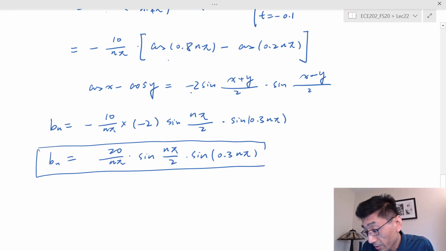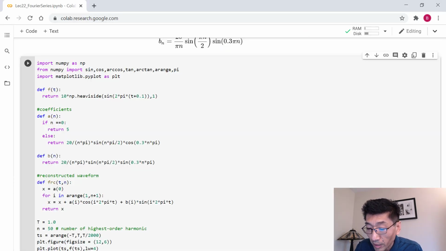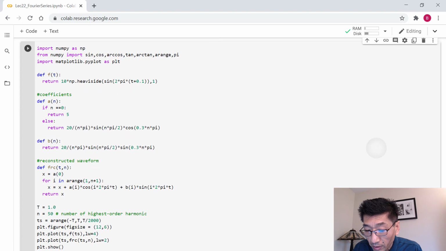And to check whether this is correct or not, we have Python. I want to reconstruct the waveform using these Fourier coefficients and see if this is correct. So what I did here is simple Python code, a few lines.